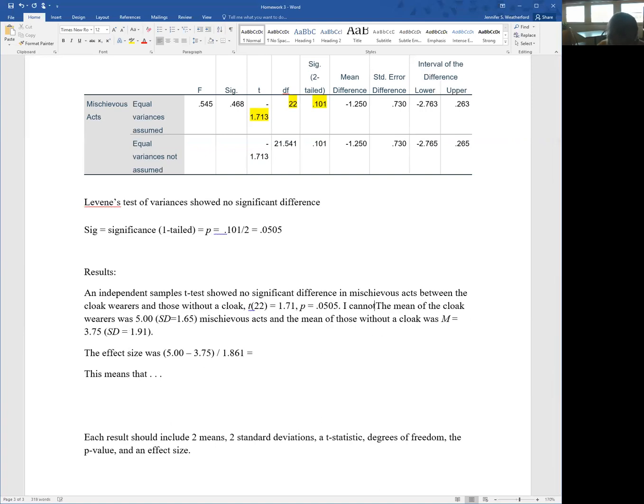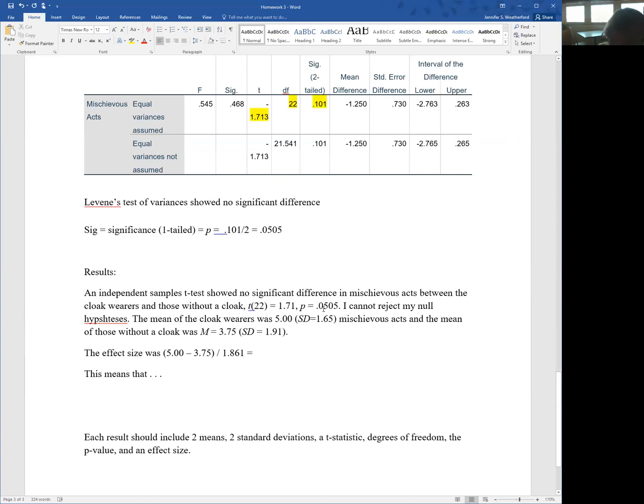I cannot reject my null hypothesis. Sorry, I don't even know how I spelled that so wrong. I cannot reject my null hypothesis, okay? And that is a problem.